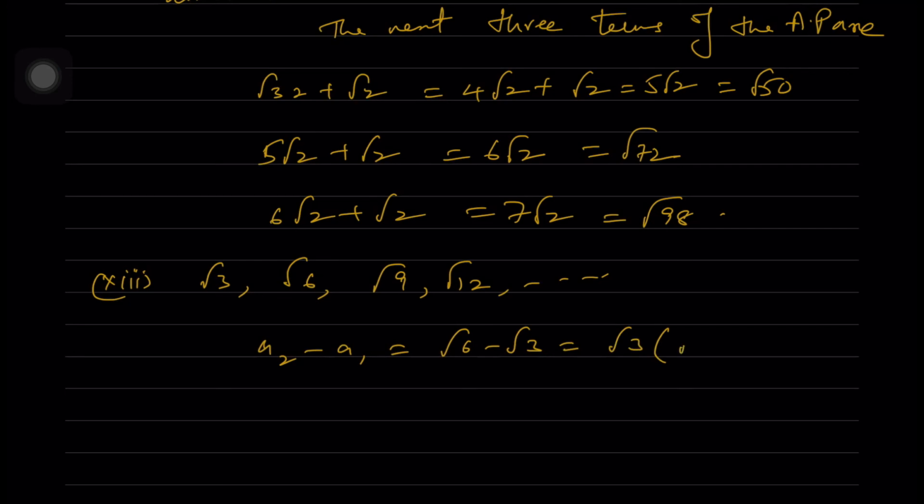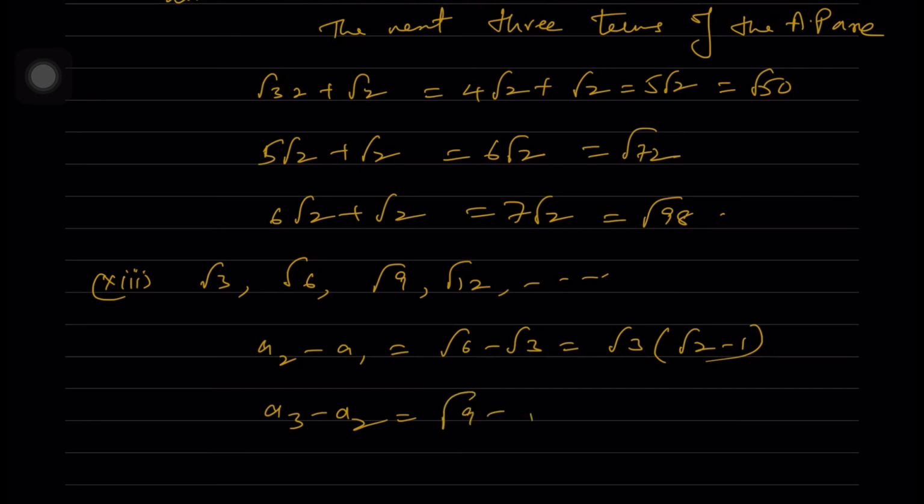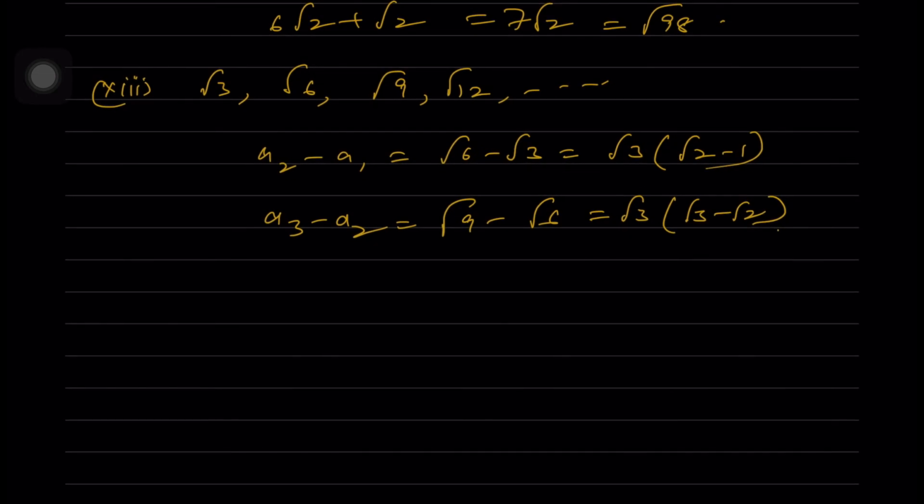Then going into the next problem: root 3, root 6, root 9, root 12, and so on. So a2 minus a1 is equal to root 6 minus root 3, which is equal to root 3 into root 2 minus 1. Then a3 minus a2 is equal to root 9 minus root 6, which, if you take out root 3 common, you are getting root 3 into root 3 minus root 2.